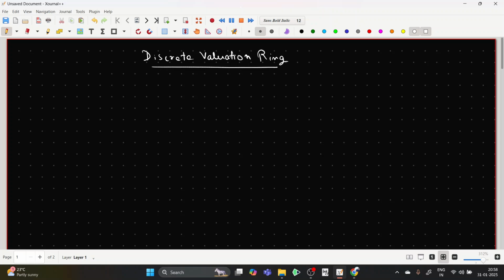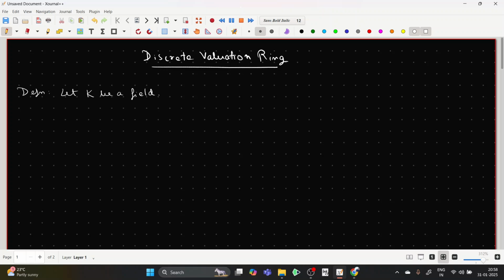Okay, so the definition goes as follows. Let K be a field. So we start with a field, then we define a function on it, and we call the function a discrete valuation.